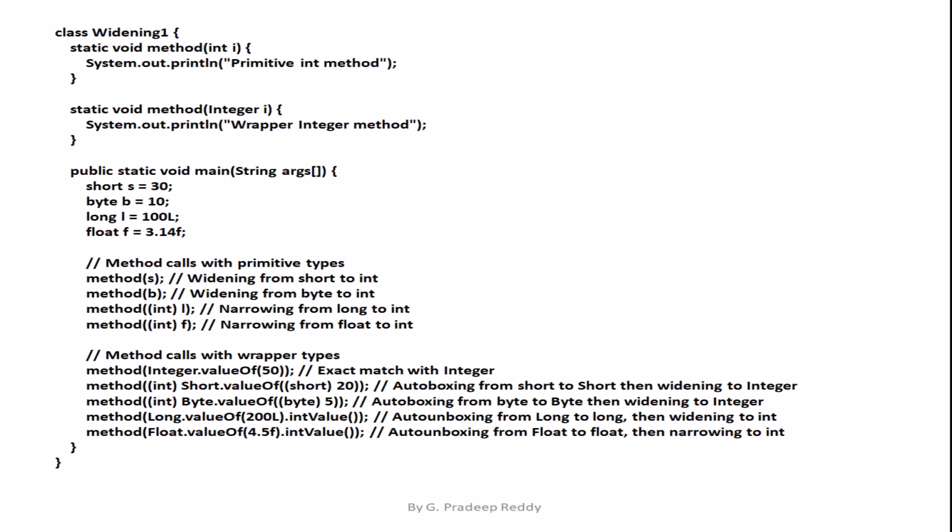Next, it is similar to that particular method, where we convert using valueOf. In the previous one, we had not used Float.valueOf of 4.5, Long.valueOf of 200, and Byte.valueOf of byte.